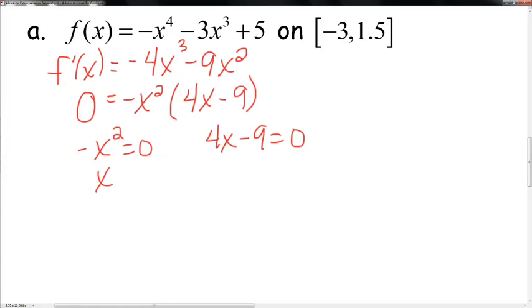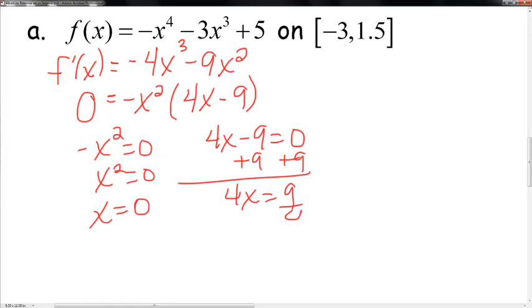That means x squared is 0 and x is 0. If I solve for x, I'm going to get 9/4.